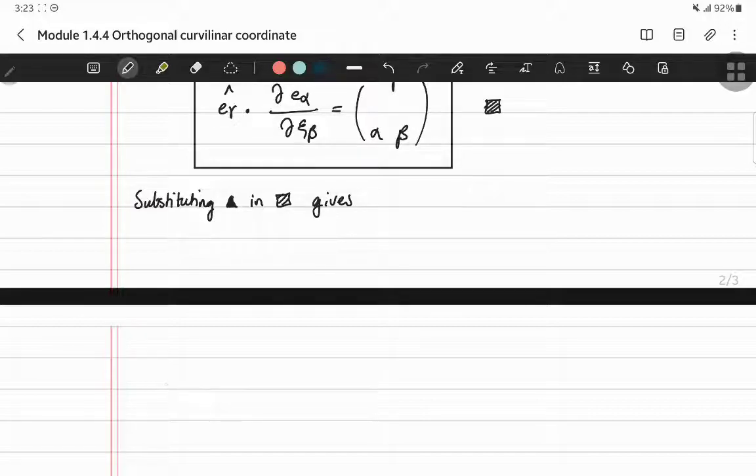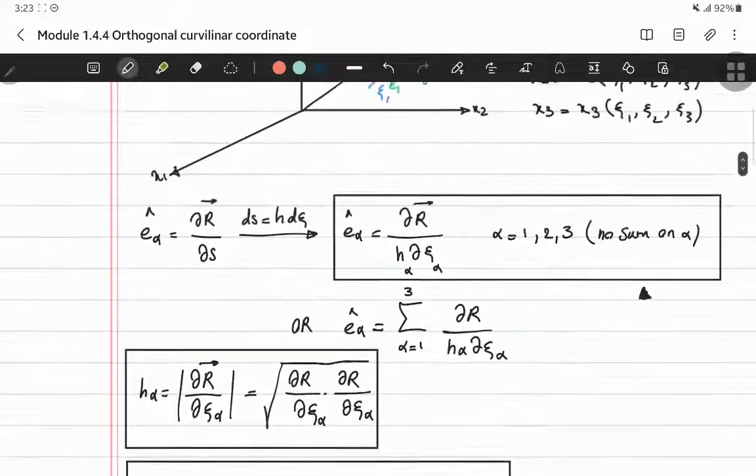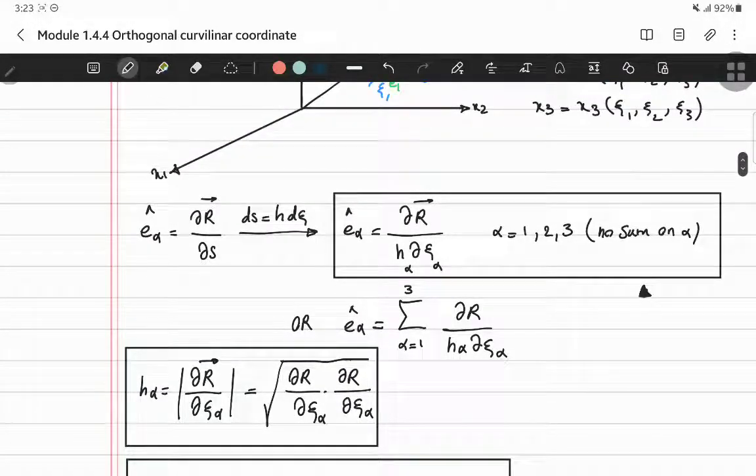This e gamma is nothing but 1 divided by H gamma times the partial derivative of r with respect to Z gamma. And it is basically this equation here.